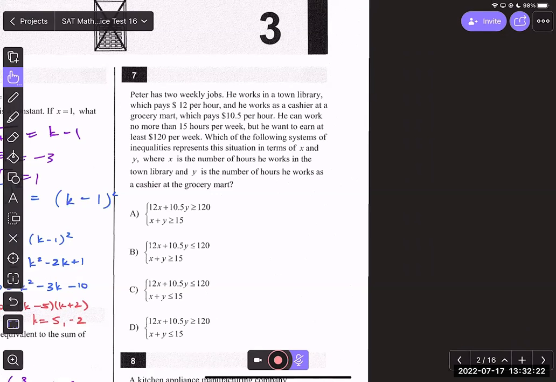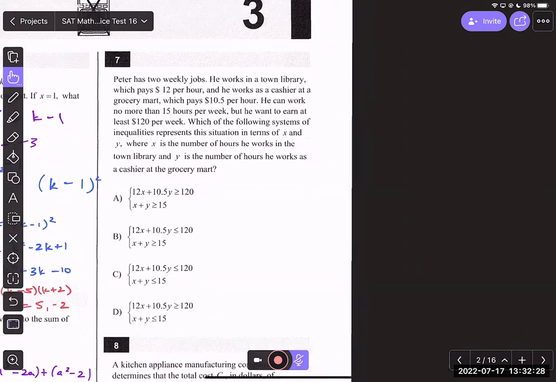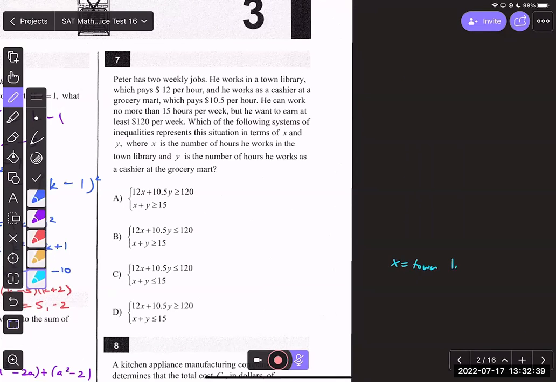Sure. So Peter has 2 weekly jobs. He works in a town library, which pays $12 per hour. I can associate this 12 with X because for each hour he works at the town library is $12 per hour. So that would be 12X. And then since Y is the number of hours he works as a cashier in the grocery mart, and the grocery mart pays $10.50 per hour, I can associate that with 10.5Y.